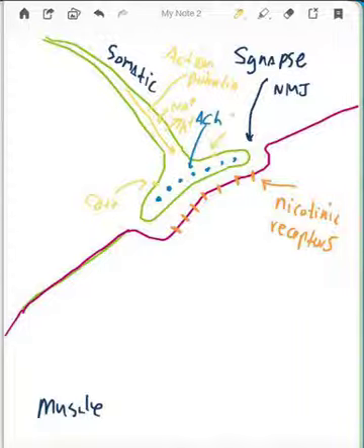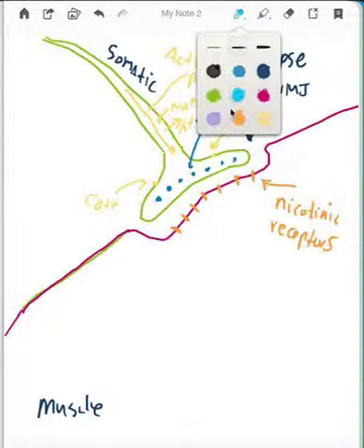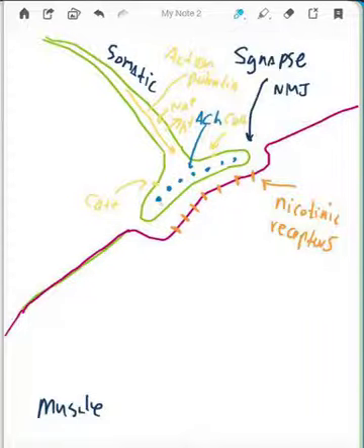That then causes the acetylcholine vesicles to move out of the neuron, and they are secreted, and the acetylcholine is released into this cleft here. The acetylcholine makes its way to the nicotinic receptors, and then attaches to the receptors.